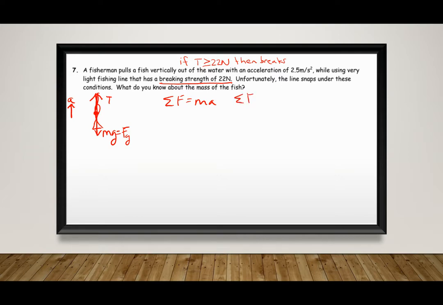So my sum of forces is my upward minus my downward, which is tension minus mass times gravity. So mass times acceleration is equal to tension minus mass times gravity. The tension in this case is equal to mass times acceleration plus mass times gravity.